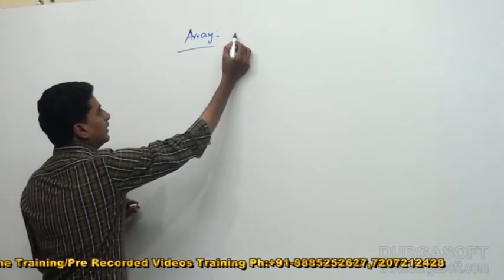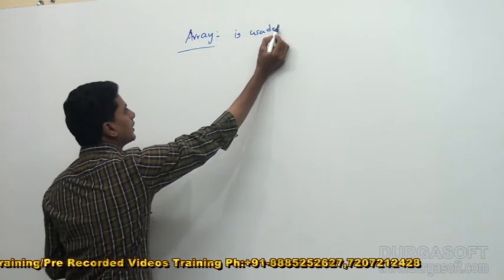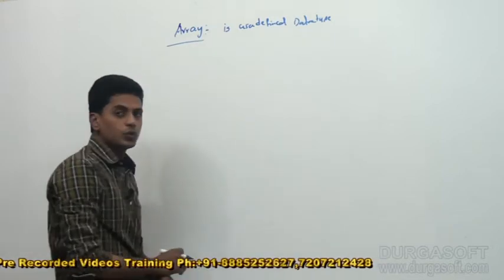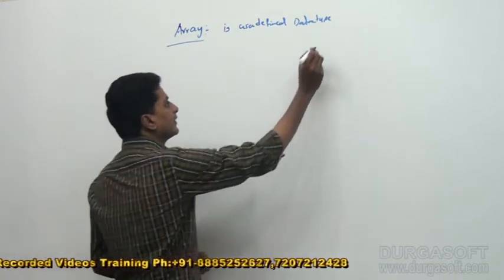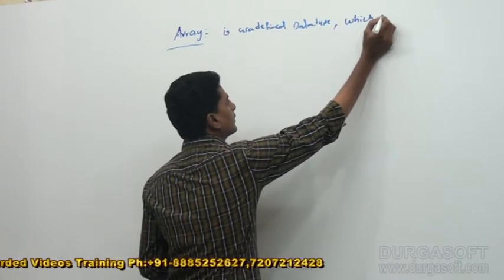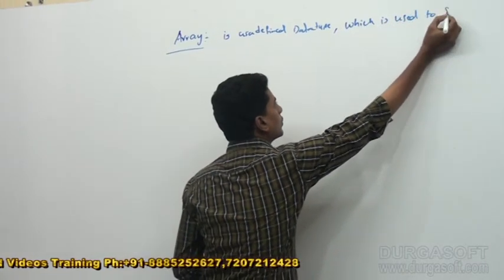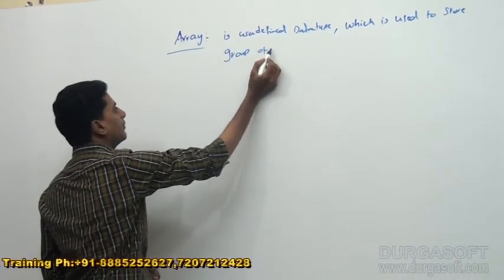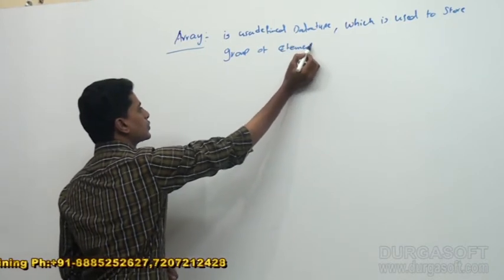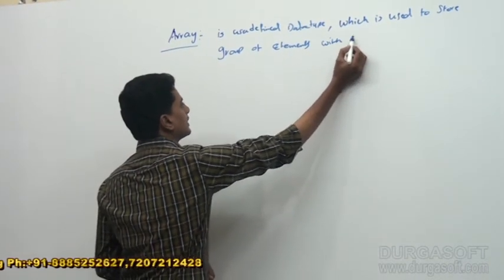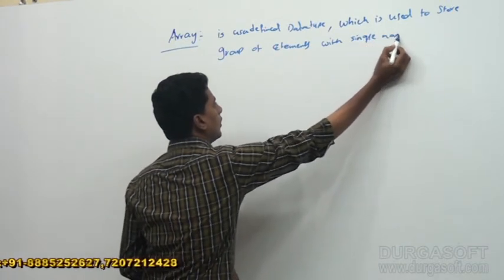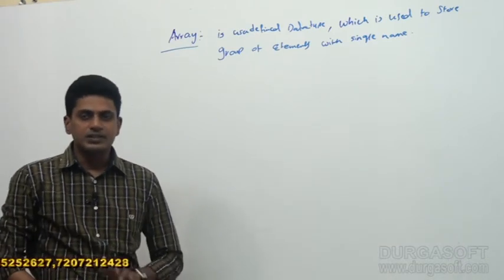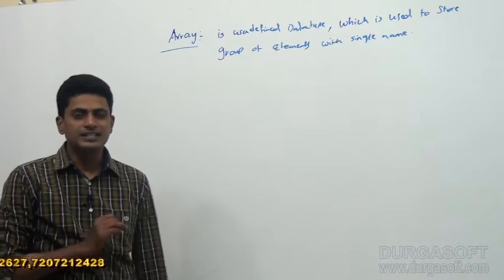Array is a user defined data type which is used to store a group of elements with a single name, or the same name, we can say.